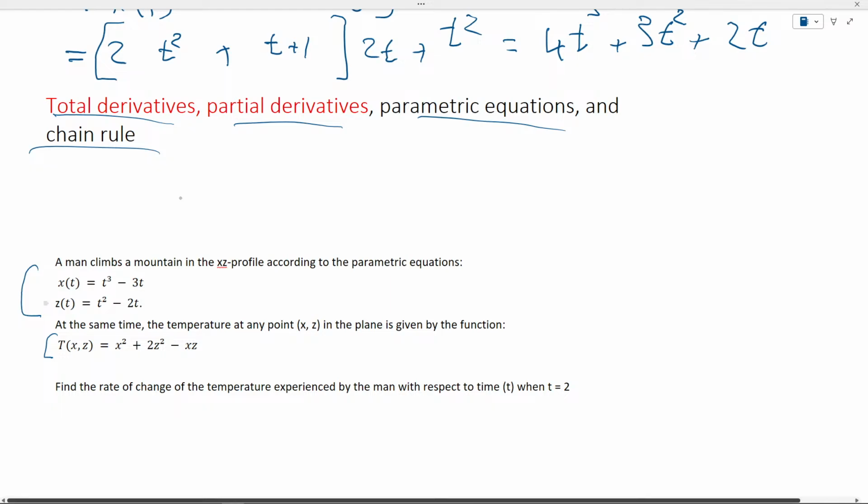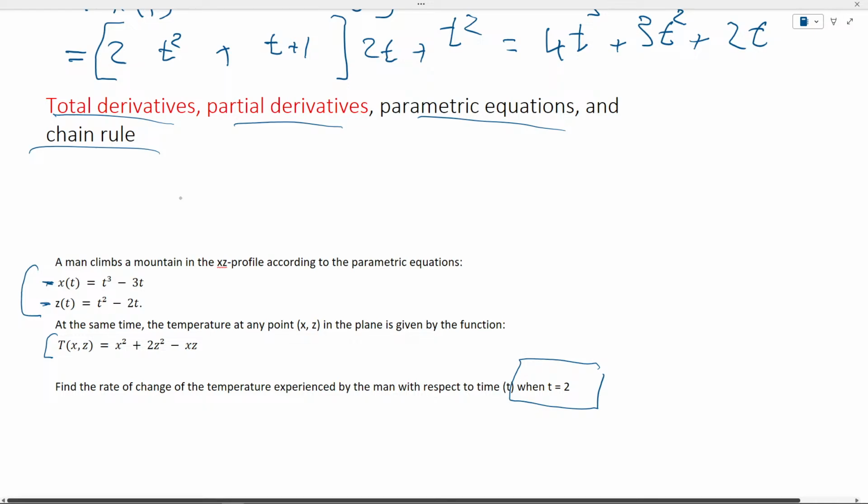That would be my x and z location as a function of time. And then similarly, as a function of space, the temperature is changing, and the temperature is given by where I am in x and where I am in elevation. So basically, find the rate of change of temperature experienced by the man with respect to time when t is equal to 2.